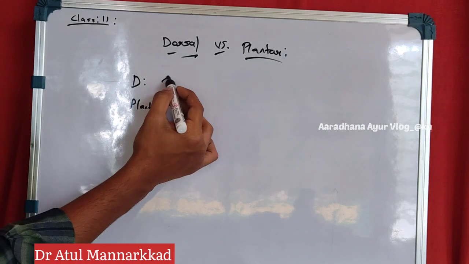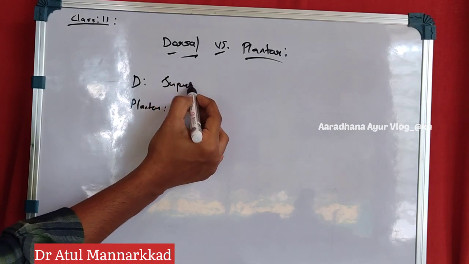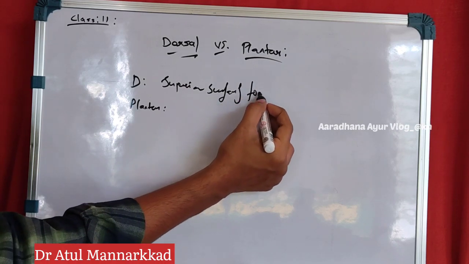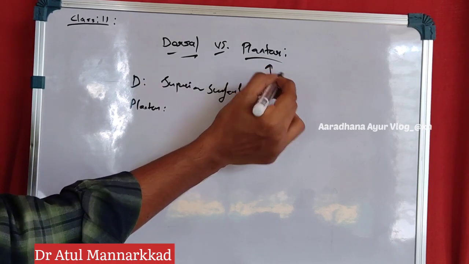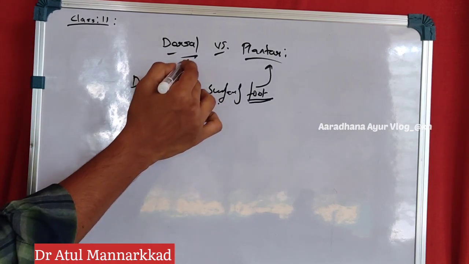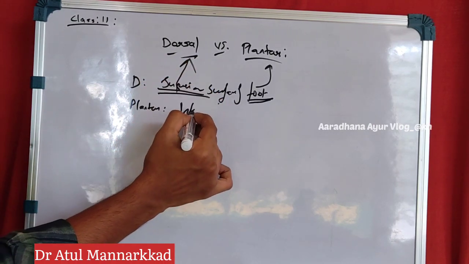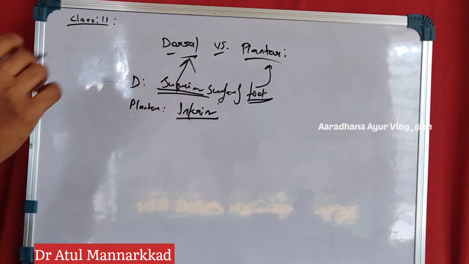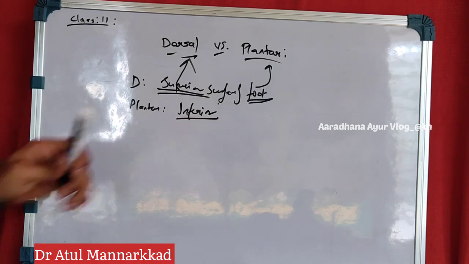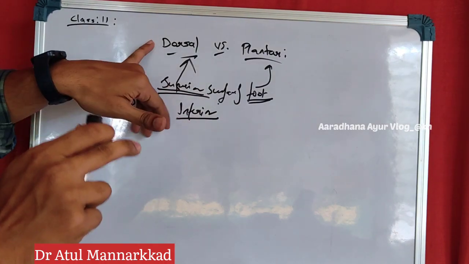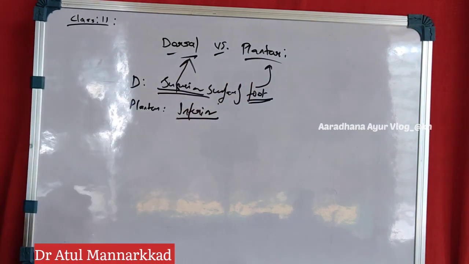Dorsal is the superior surface of the foot. So superior surface we call dorsal, and when we speak regarding the inferior surface, that is known as plantar. Inferior surface of the foot we call plantar, because the foot will be like this. So superior surface will be dorsal and inferior surface will be plantar.